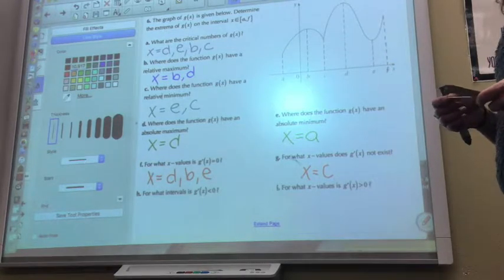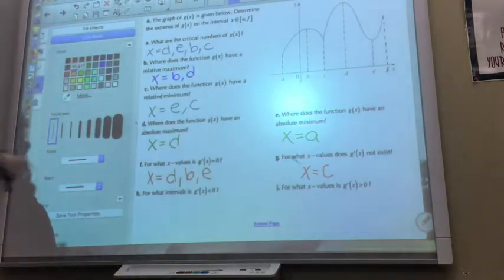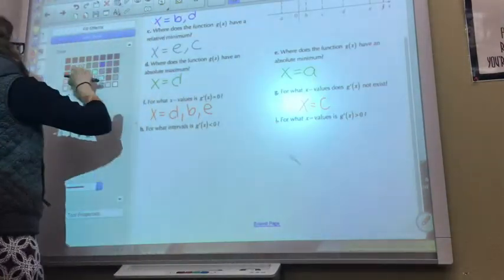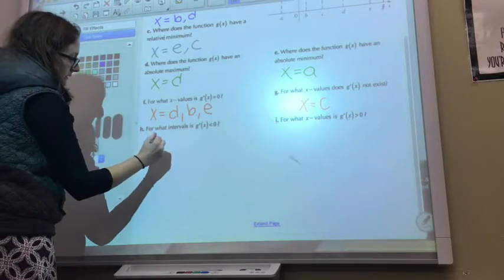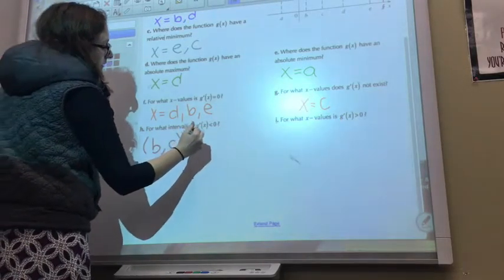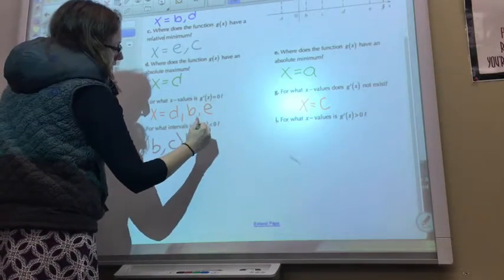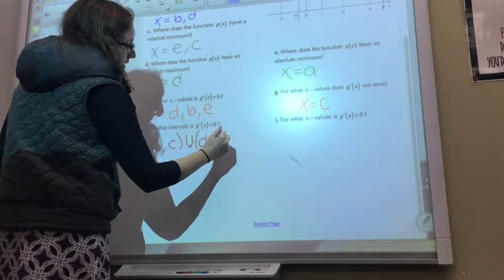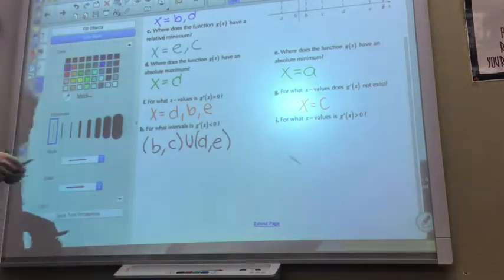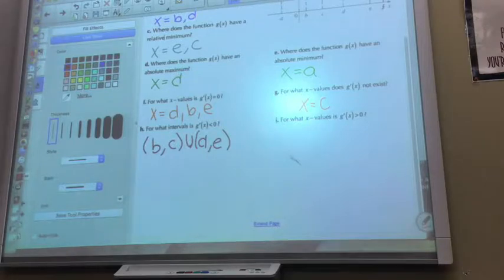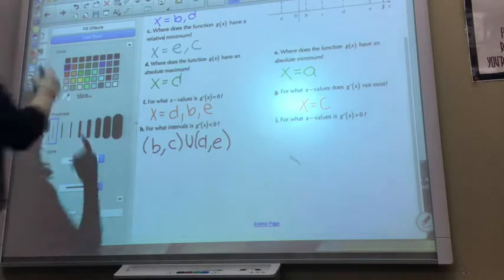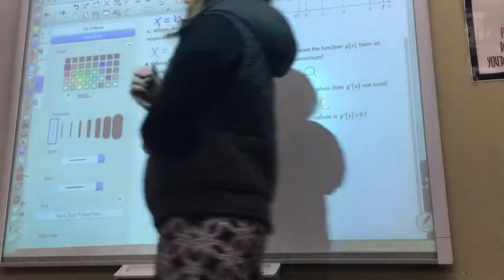For what intervals is g prime of x less than 0, Sarah? From B to C, union, and then from D to E. And Kelton, where is g prime of x greater than 0?